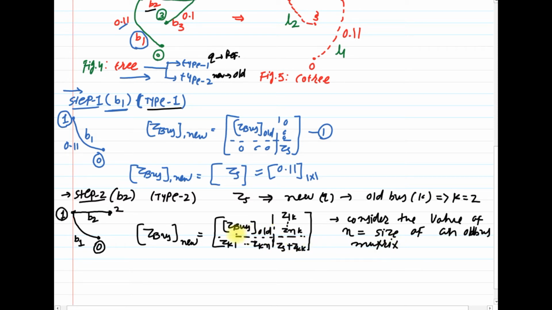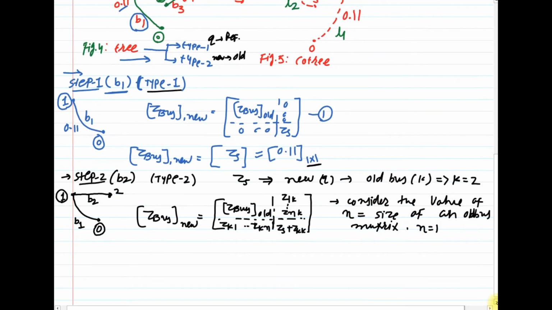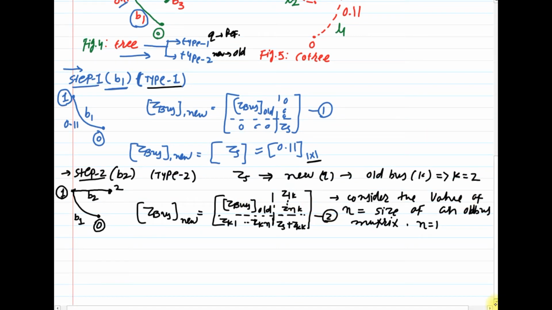So here the size of old bus matrix is equal to 1 cross 1 for this case, for this step number 2. So we will consider n is equal to 1. So now just substitute the value of k equal to 2, n equal to 1 in this equation number 2 for type 2 modification.